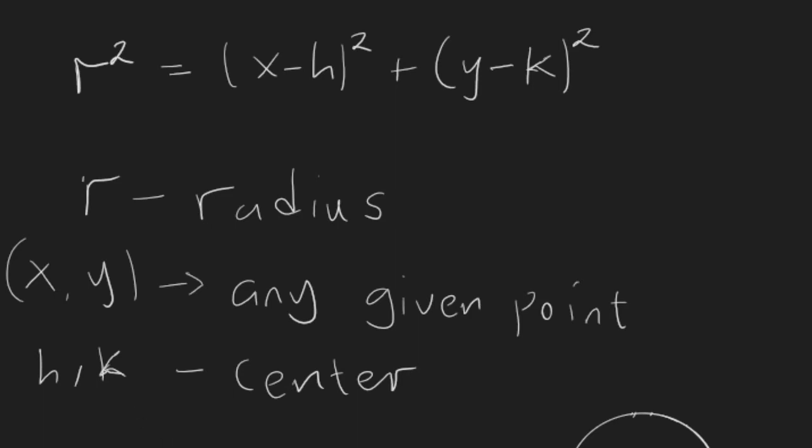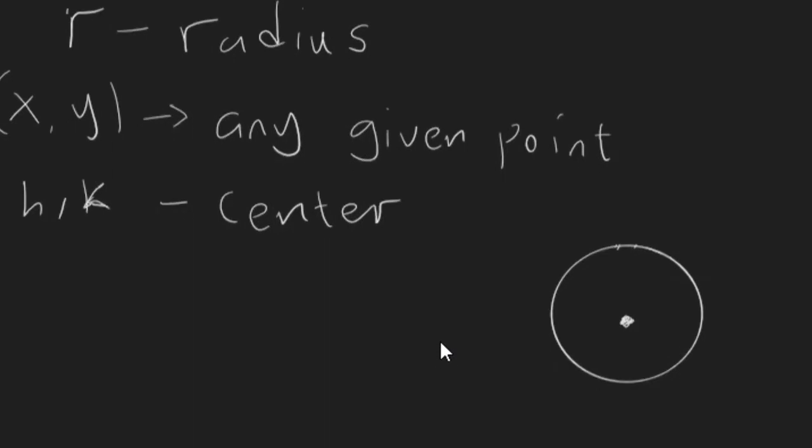So now let's go ahead and show. Let me have a circle here. Let's say this is a circle, and this is the center, and we know the radius is a line from the center to any point on the circle.